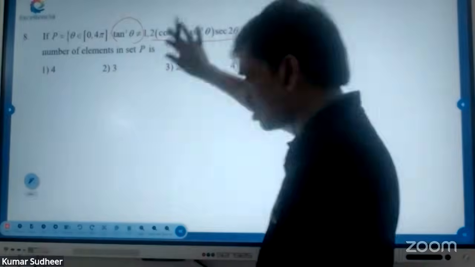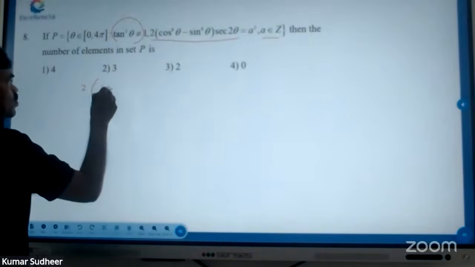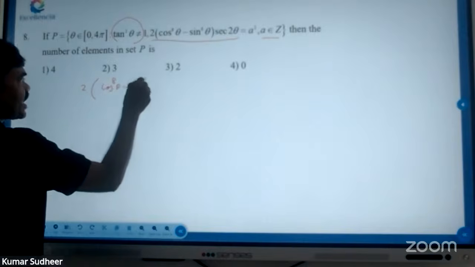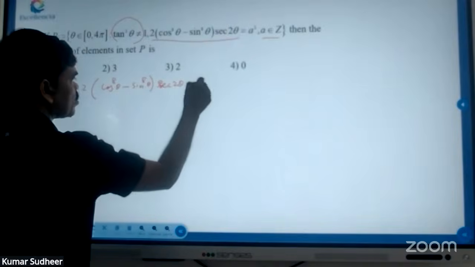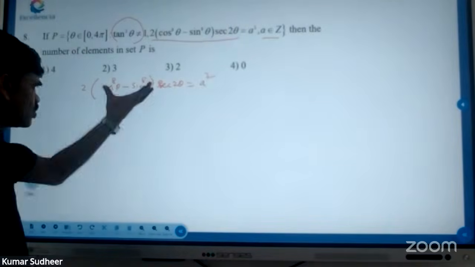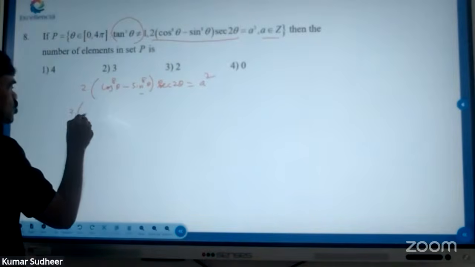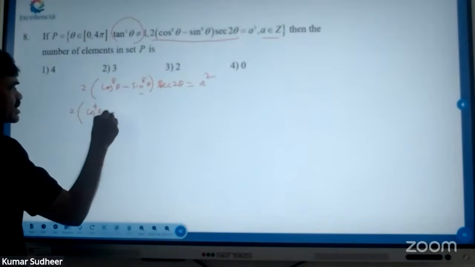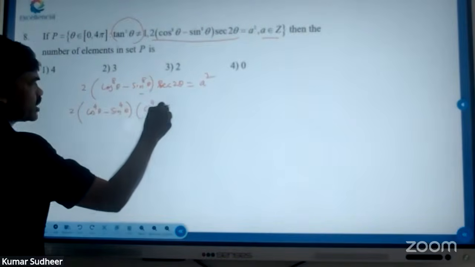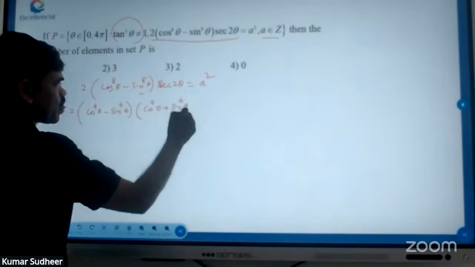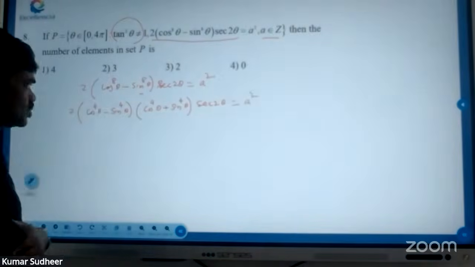So let us solve this equation. The equation given is 2 into cos power 8 theta minus sin power 8 theta, into secant 2 theta, is equal to a squared. It is of the form a squared minus b squared, so I can write this as 2 into cos power 4 theta minus sin power 4 theta, into cos power 4 theta plus sin power 4 theta, into secant 2 theta, equal to a squared.